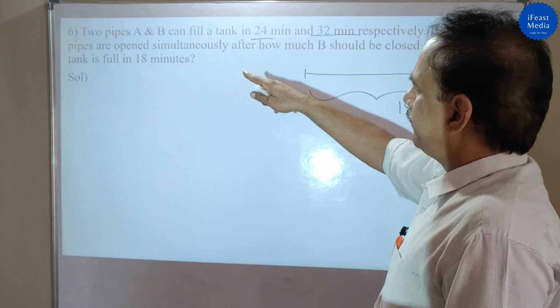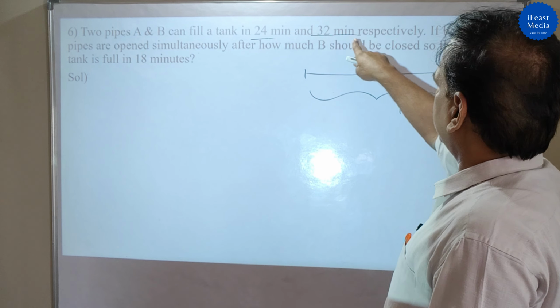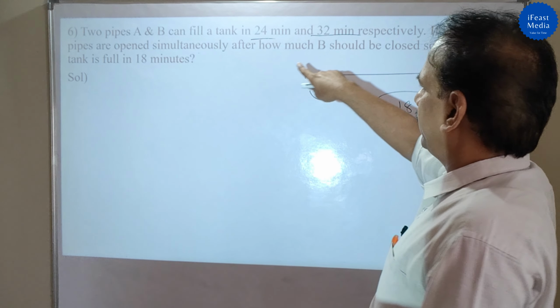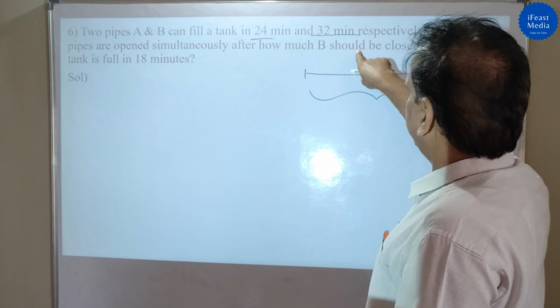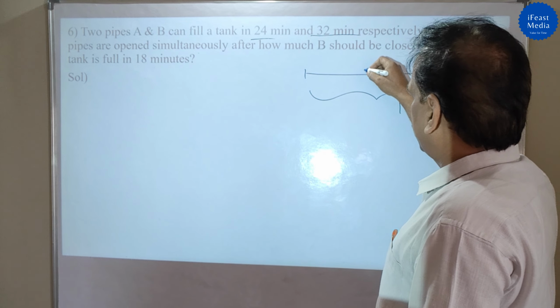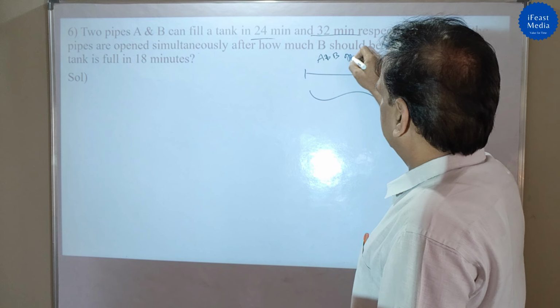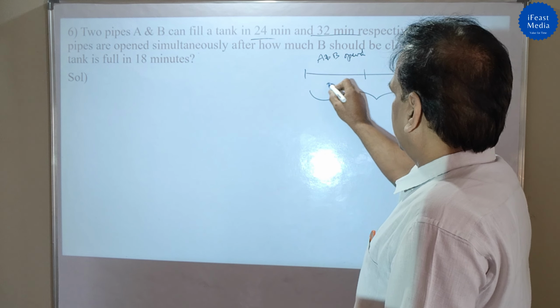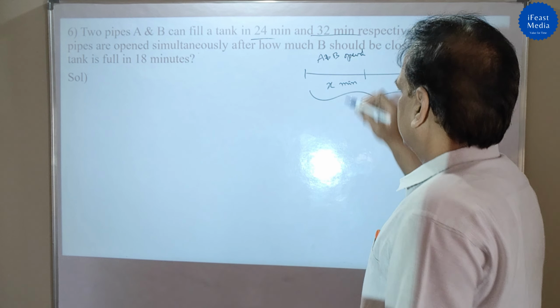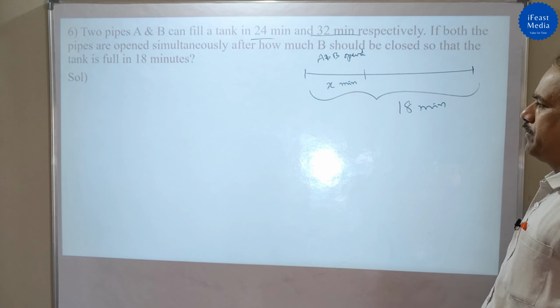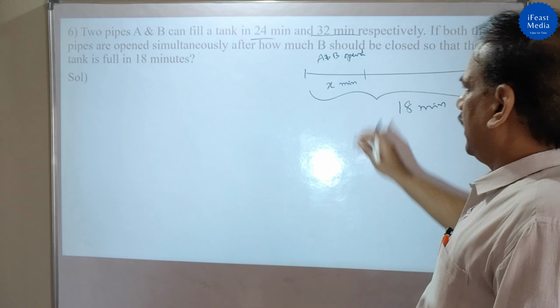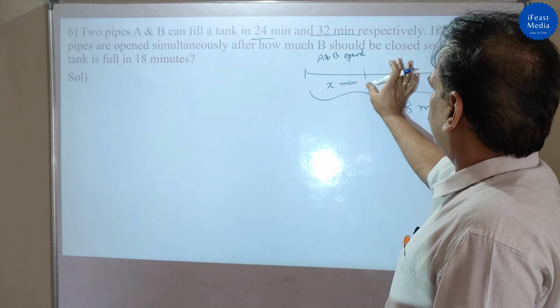Both pipes A and B can fill a tank in 24 and 32 minutes. If both are opened simultaneously, after how much time should B be closed? Suppose A and B are opened for X minutes. After X minutes, B should be closed.